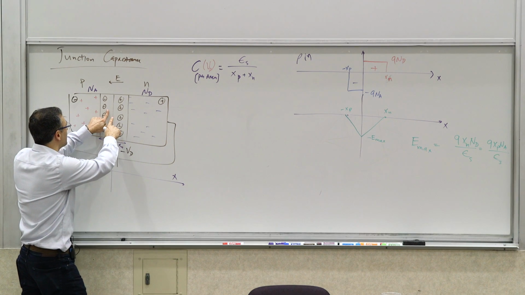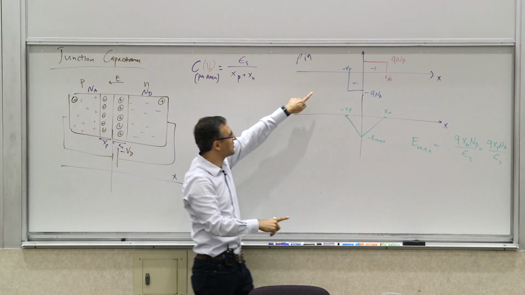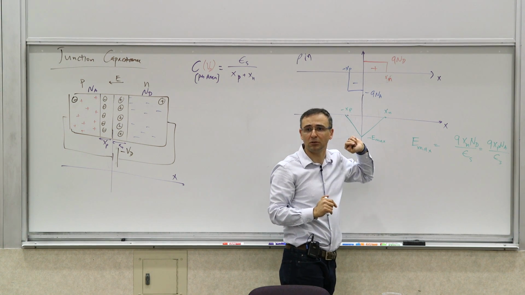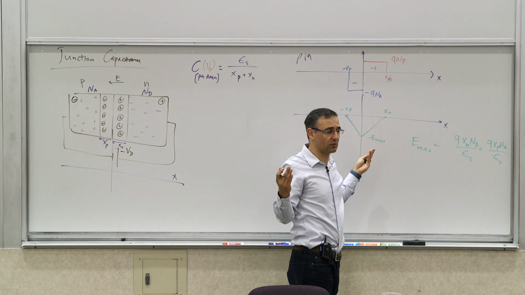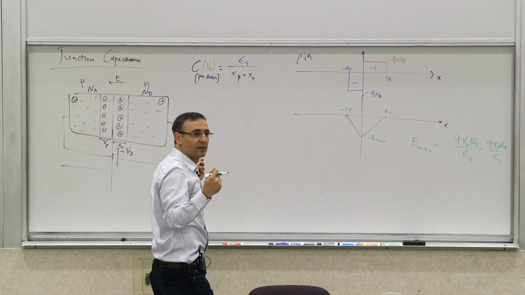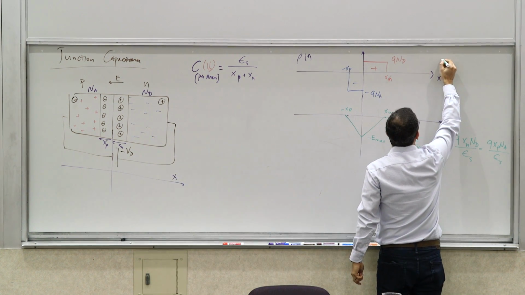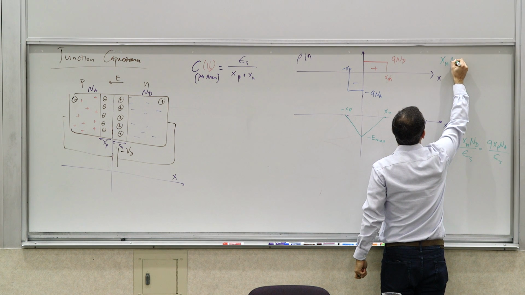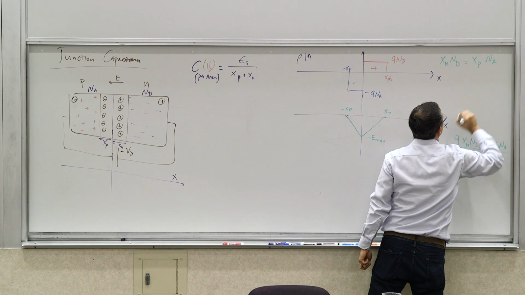Now you also know something else. Obviously, the total net charge on this side and that side have to be equal. In other words, the area of this rectangle and that rectangle have to be equal, because you started with total charge neutrality, right? So basically that means that xn nd equals xp Na.